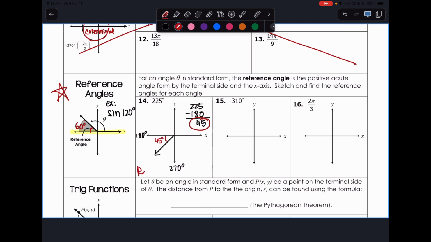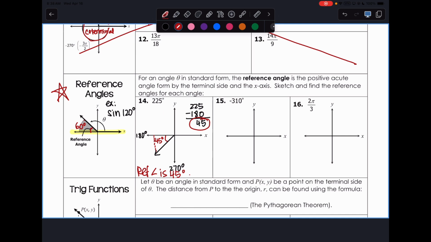Okay, your reference angle is 45 degrees. Isn't 45 degrees one of the triangles that we know the side ratios for? That's why. Okay, no matter which angle you choose, you're going to be able to drop a line and create a right triangle. Do you see it?